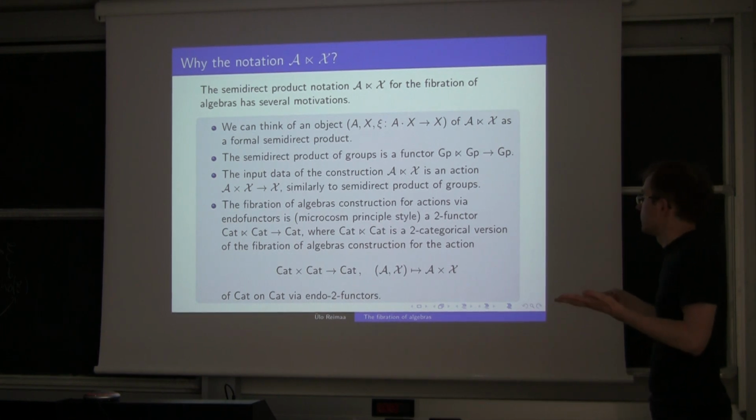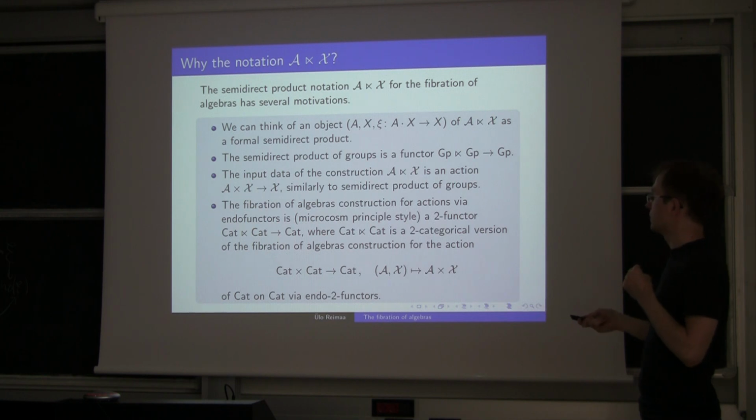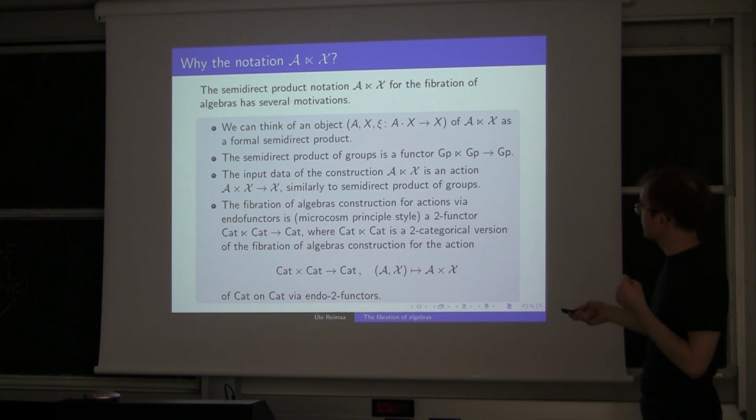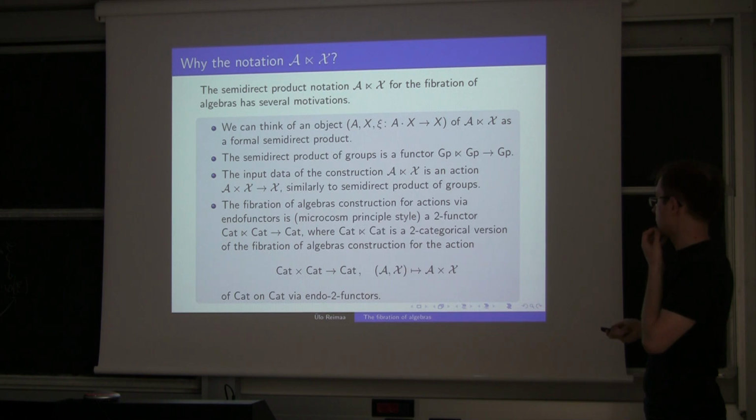And finally, well, if you look at this construction of this category A semidirect X, which depends on this action, then this itself as a functor, as a true functor, has as its domain the category which we can denote again as semidirect X, where the objects are triples consisting of one category, and in this case, this is constructed for the action of the Cartesian product of categories.